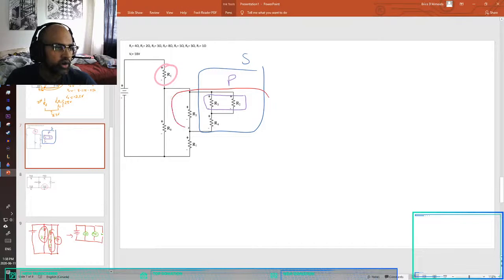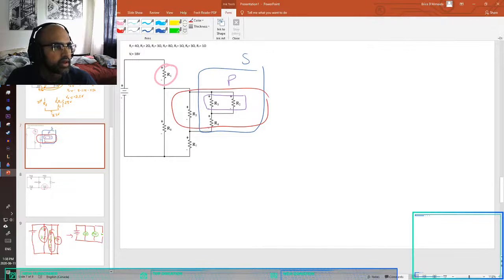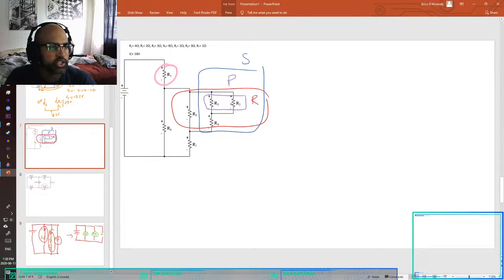These four are going to be in series with each other because this 5 is in, oh, did I say series? I meant parallel. The resistor number 5 is parallel to all of these. The electrons passing through 5 cannot pass through these ones over here. And then we have another set to go through.